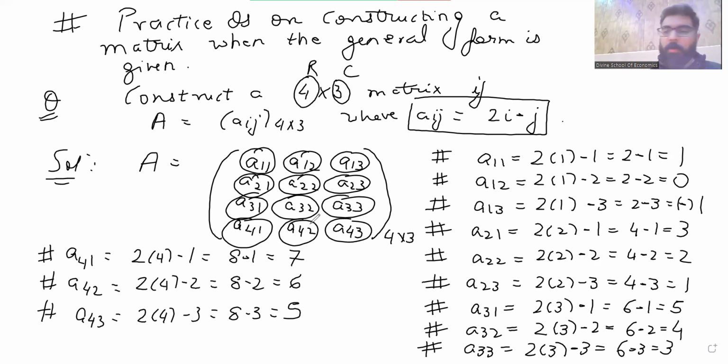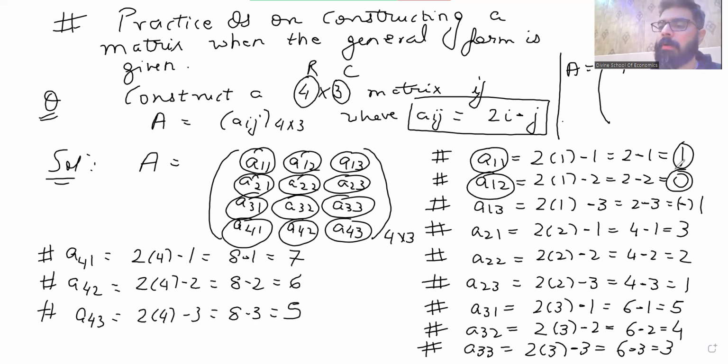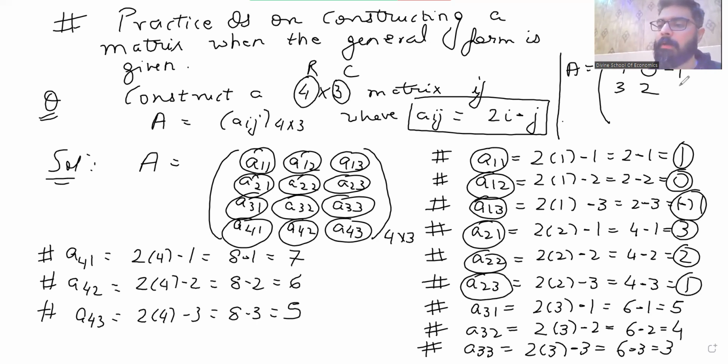So we have calculated all the entries of this matrix, and all that remains is for us to now write the matrix. A11 is 1. A12 is 0. A13 is minus 1. A21 is 3. A22 is 2. A23 is 1. A31 is 5.